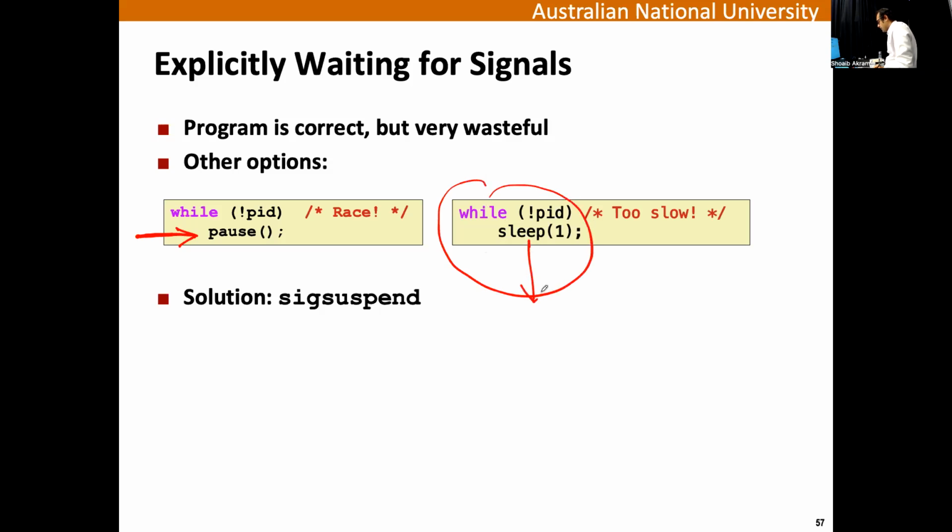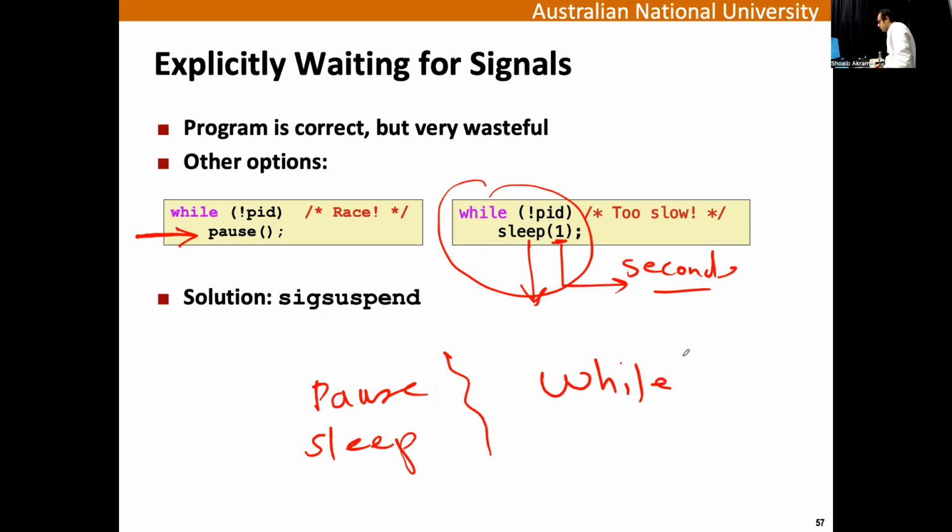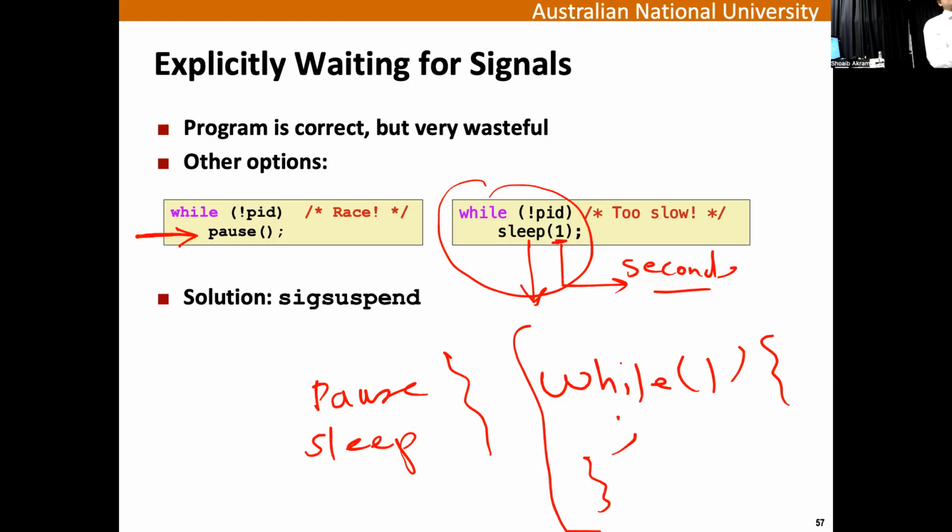The sleep system call wakes up after some time, this is in seconds. So pause and sleep are useful system calls when you don't want to do something like this. And this while one is useful sometimes when we are writing systems programs, like in this program. The problem with sleep is that you never really know the granularity of your sleep.